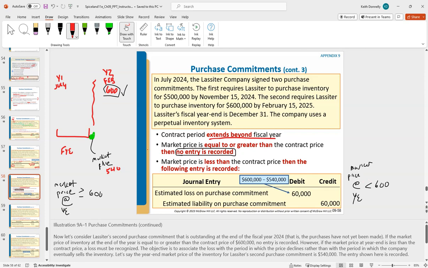We're going to have a loss, right? 600 versus 540, so we're going to do a journal entry. If it's less than, we pick the lower of the two, we're going to have a loss here. Debit, estimated loss on purchase commitment. Credit, estimated liability. So we're going to tee up this liability here, and then you'll have the estimated loss on it.